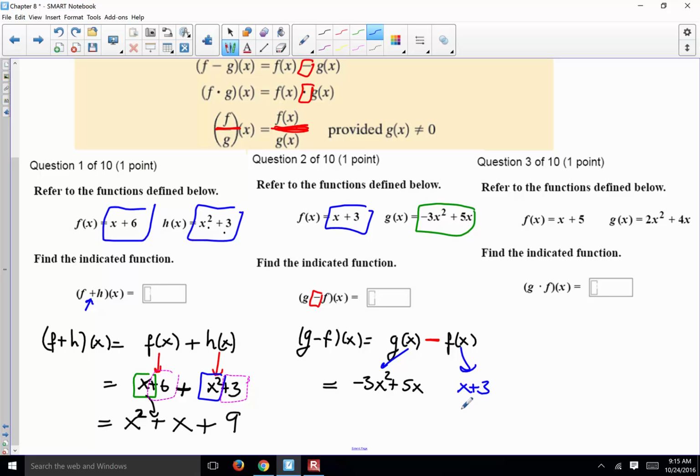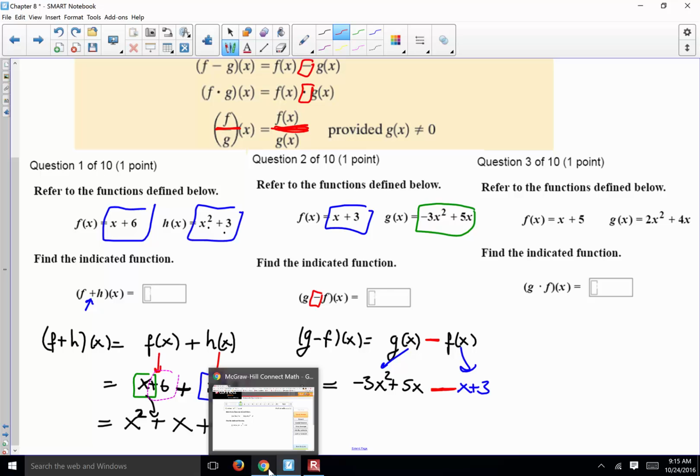Correct? Any issues so far? And what do you see in between these things? Minus sign, a subtraction. So I will just put that minus sign like that. Alright. Any issues so far? Shouldn't F and G be switched?